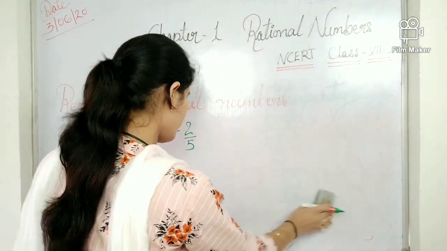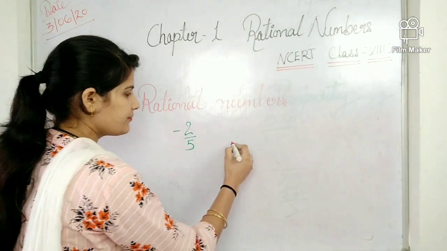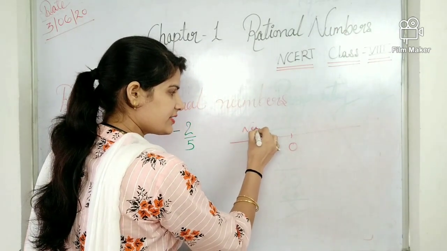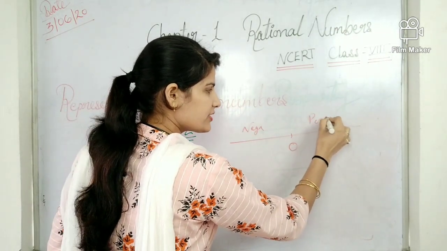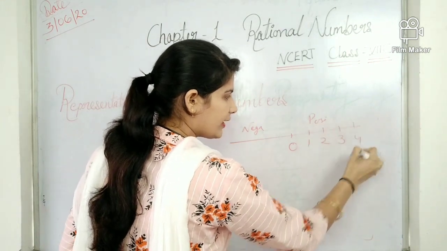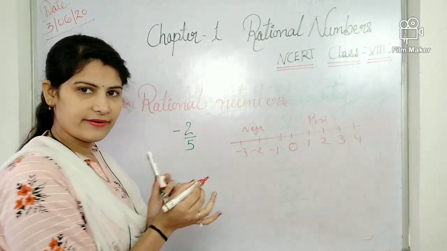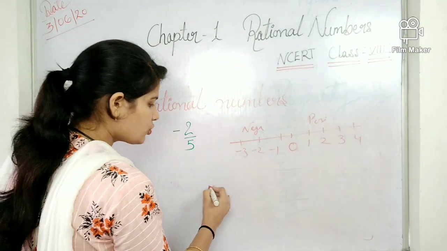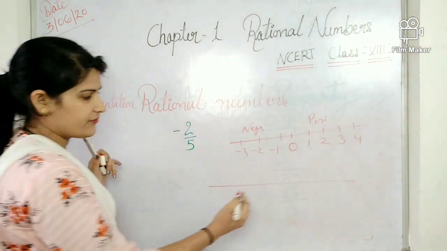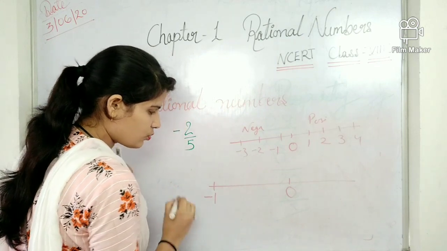So now, as you know what a number line is, right? Here we take 0, here negative integers and here positive integers, right? So here 1, 2, 3, 4 like this, minus 1, minus 2 like this, right? This is the number line. So now represent minus 2 upon 5. So take 0, minus 1.